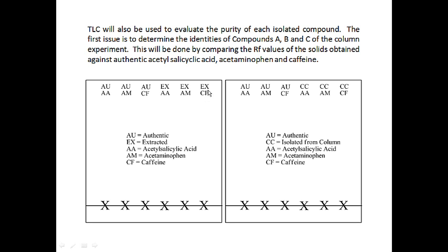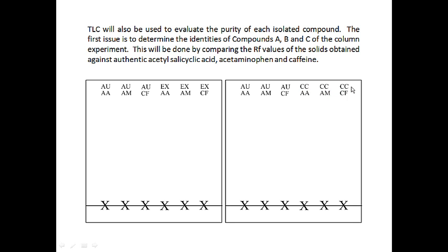You're going to do the same thing, preparing authentic spots for the column experiment, and then spots of, in this case, you don't know which is which, so you're going to have column component A, component B, and component C. So you're going to place those spots on there, and by comparison of the RF values, you should be able to tell whether A was acetylsalicylic acid, acetaminophen, or caffeine.